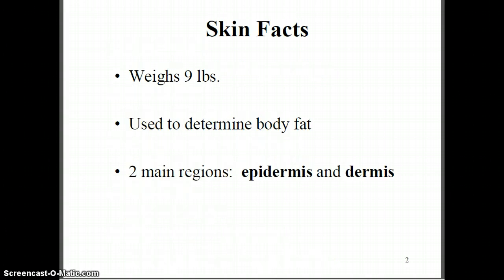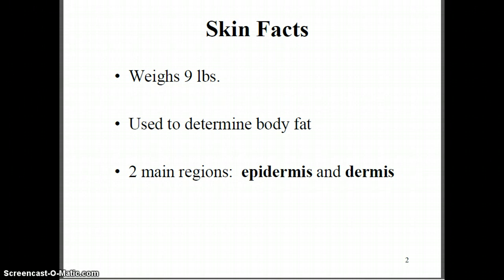The skin is, as I mentioned, the largest organ in our body, and it weighs about 12 pounds. We can determine body fat amount in the body by simply doing a pinch test of our skin. There are other more accurate ways, but this is a good overall general way to do that.